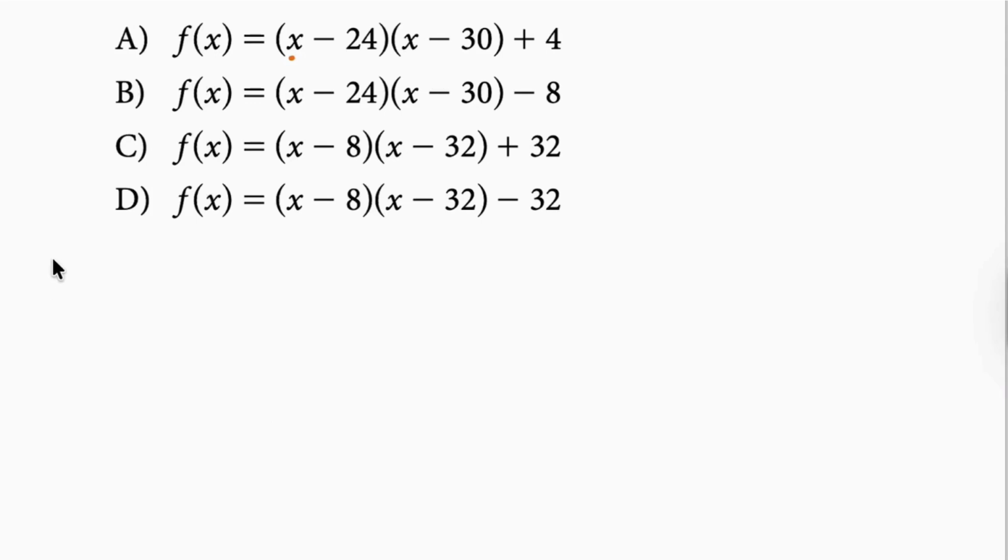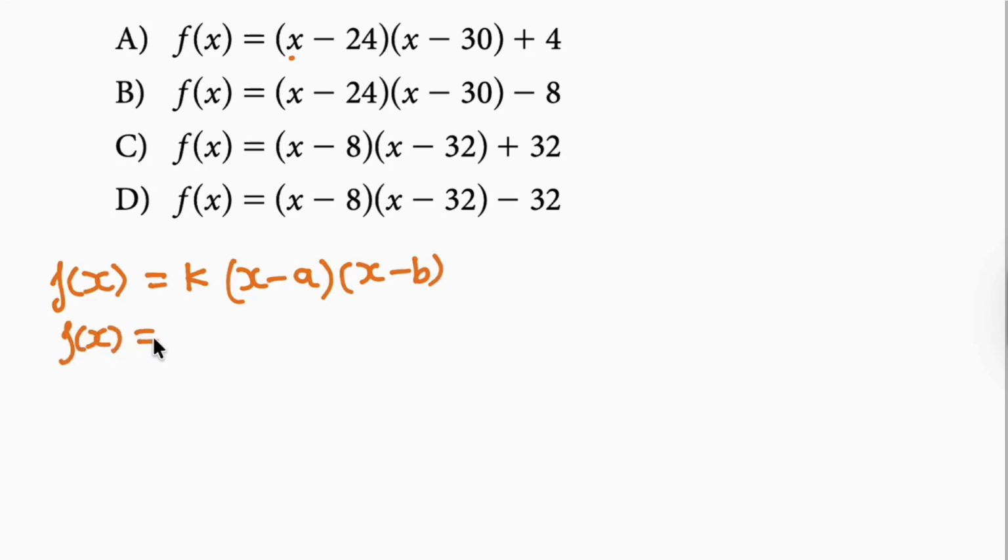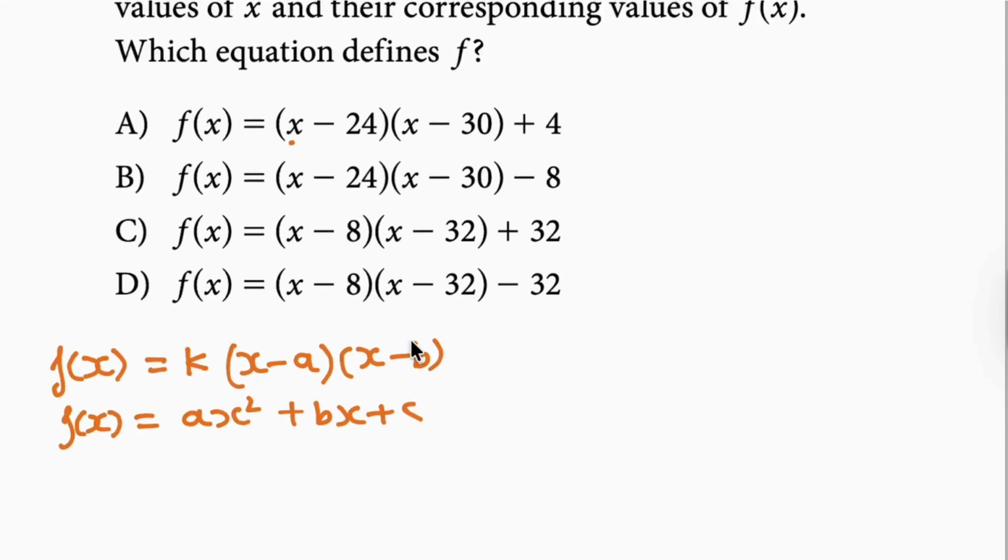If you have a quadratic function f of x, either it is in factored form or in standard form, like ax squared plus bx plus c. But in all the options, a constant is added or subtracted. That means the usual method is not going to work. That is our first point here.